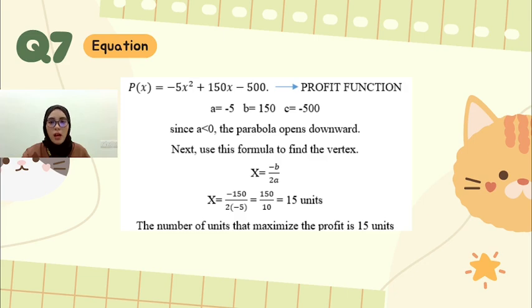You just substitute the a, b, c from the quadratic function. So x equals negative 150 divided by 2 times negative 5. If you use the calculator, you will get 15. So the number of units that maximize the profit is 15 units.